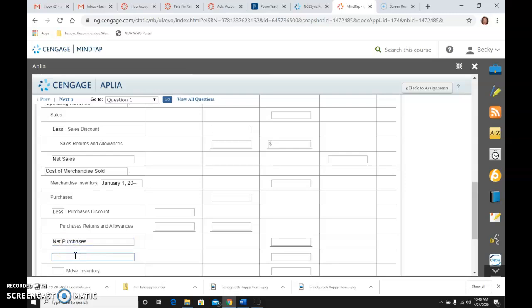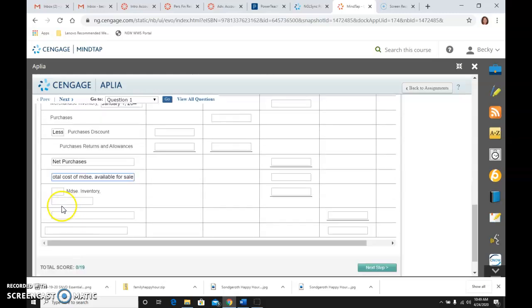And then we have total cost of merchandise, apparently it should be abbreviated, available for sale. Less merchandise inventory, December 31, 20 dash, equals cost of merchandise sold and gross profit.